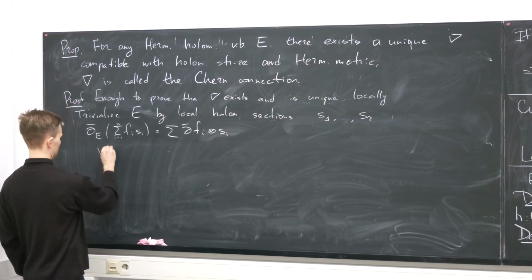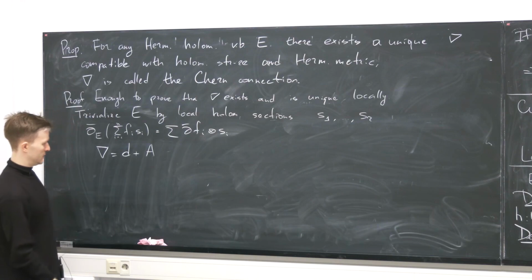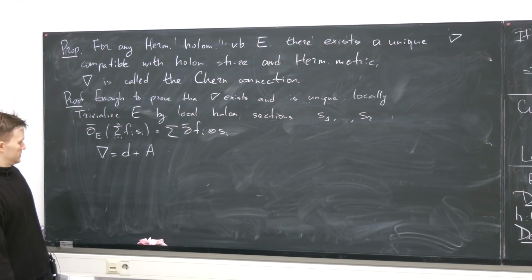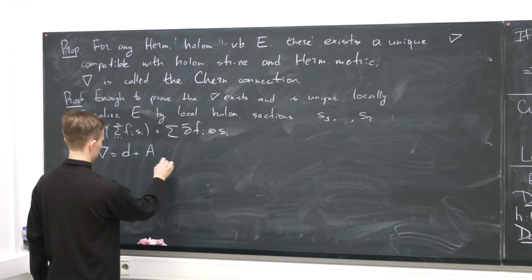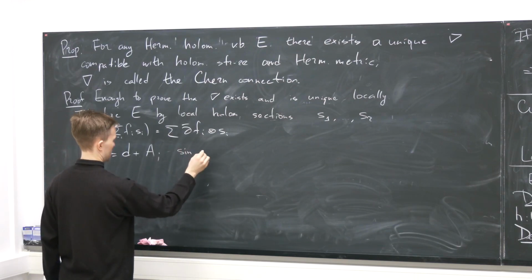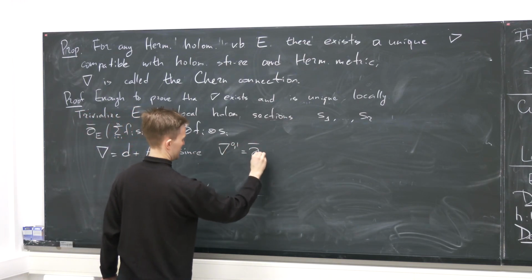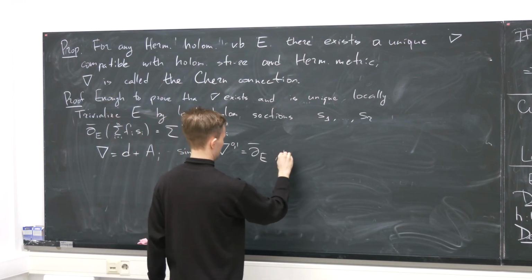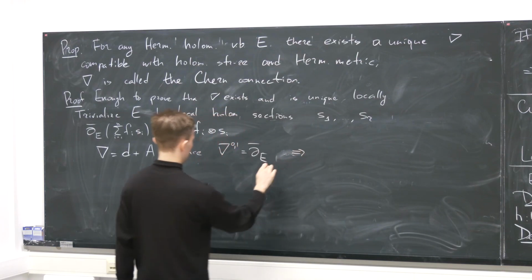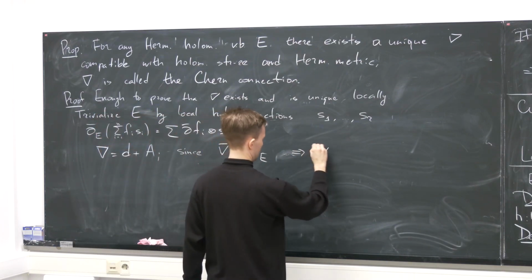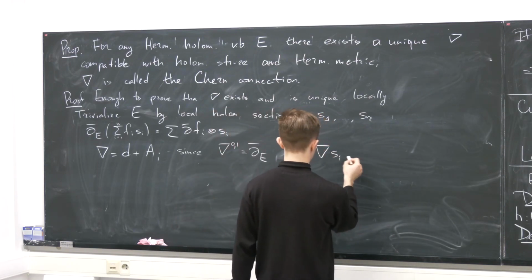We are looking for a nabla of the form D plus A, where A is some endomorphism valued 1 form, and since nabla 0,1 should coincide with del bar E, we must have that nabla Si is of type 1,0.